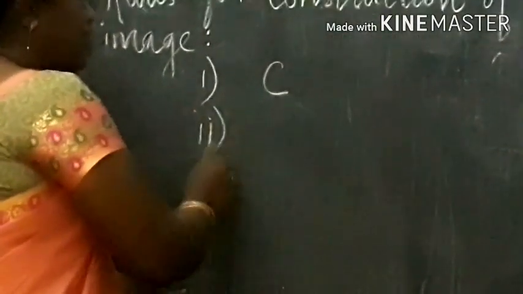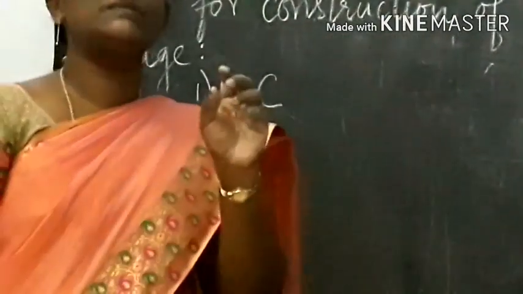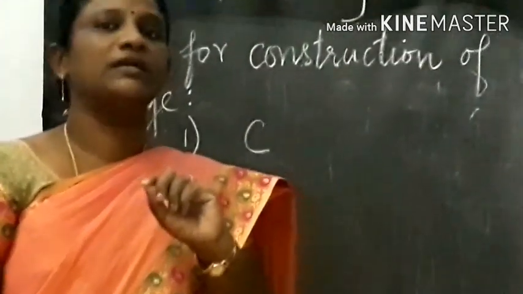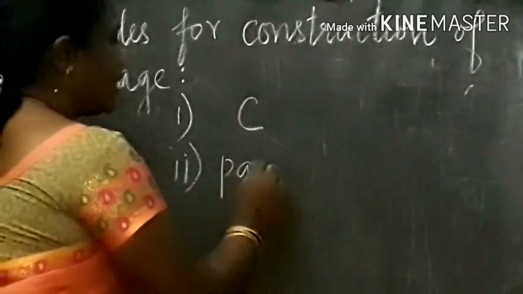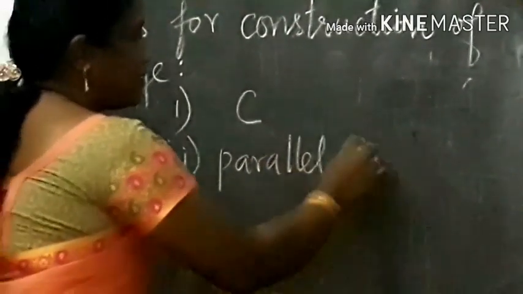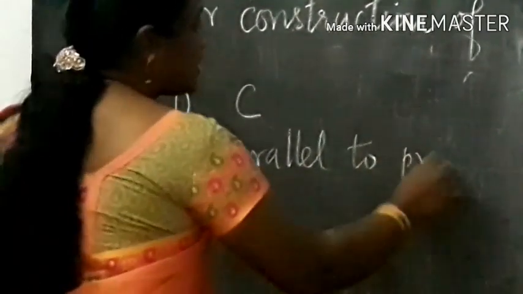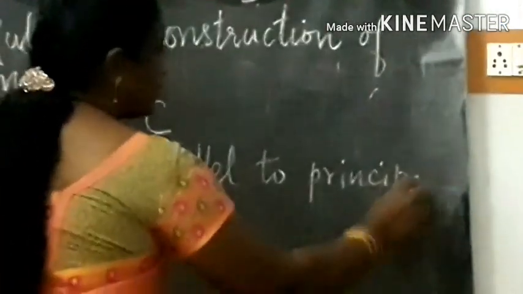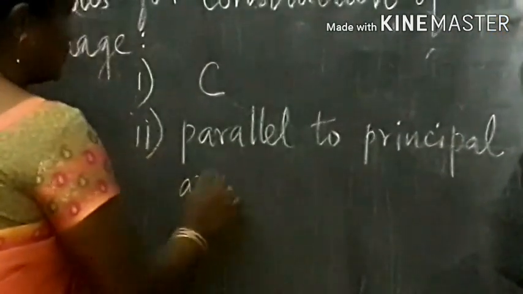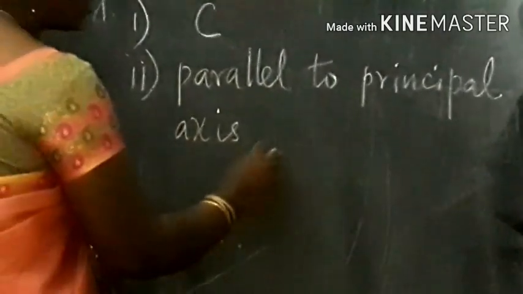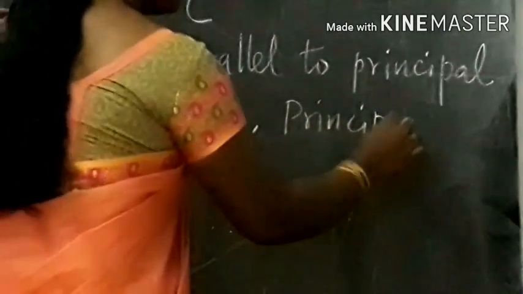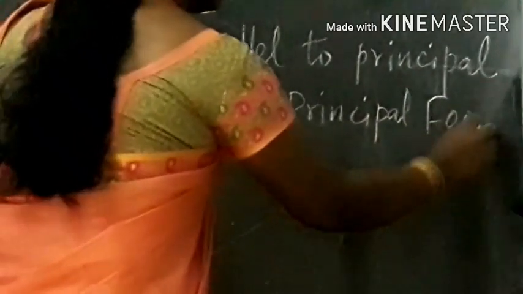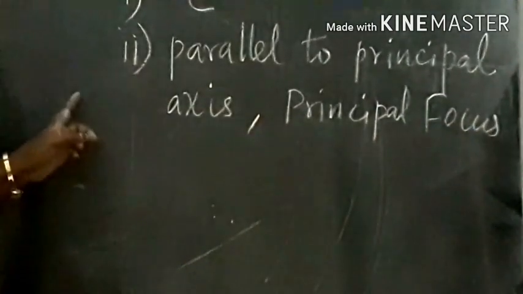And the second rule is that the light ray which is parallel to the principal axis will be reflected through the principal focus. So this is the second rule.